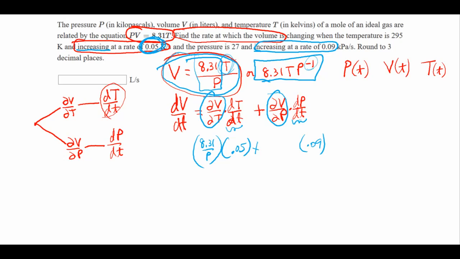So we'll take the minus out front, leave the T alone, and then reduce the -1 to a -2.